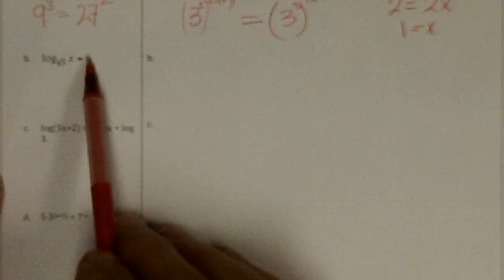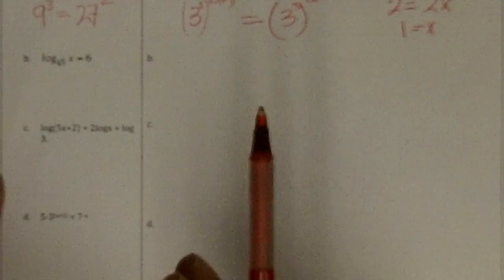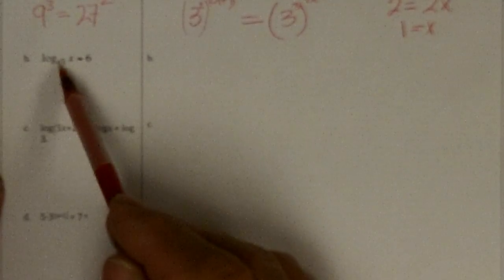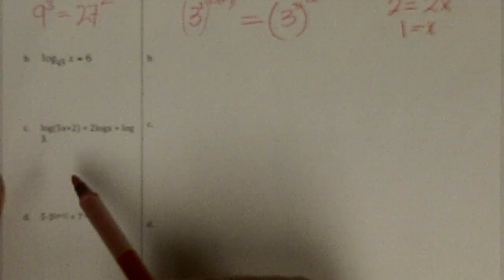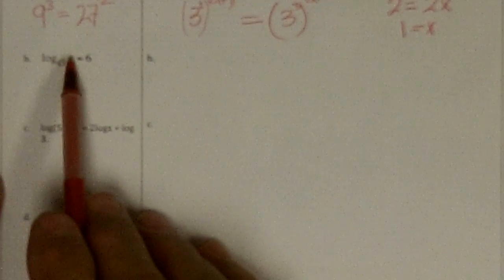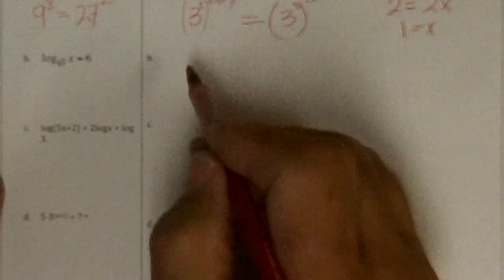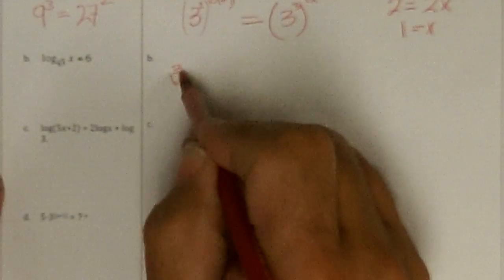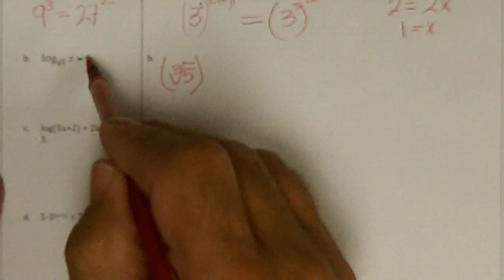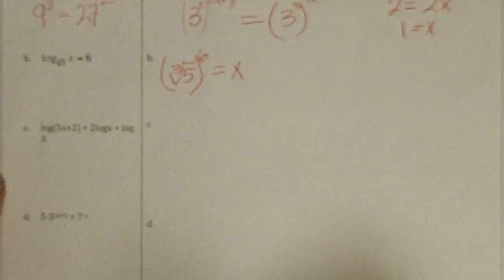So the x is not over here, it's in the log, and so that says to me right away, if x is anywhere on the log side, to rewrite this as a power equation. And it says, to what power do we take this to get x? We take this cube root of 5 to the 6th power to get x.